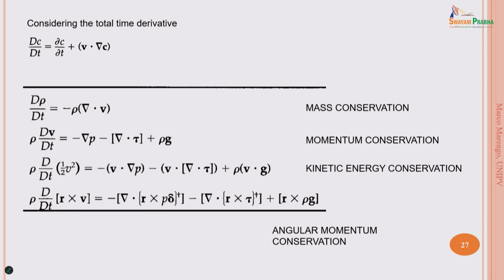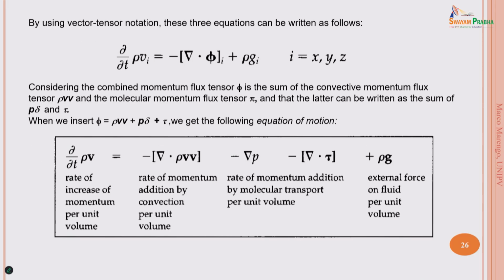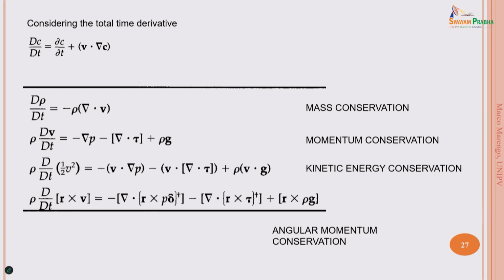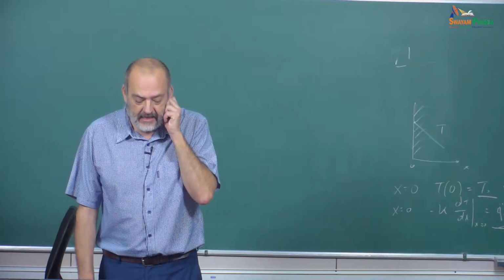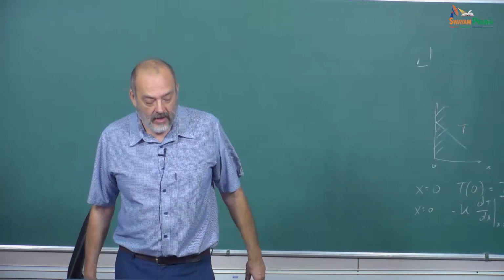It's important to say that instead of writing the partial derivative in time of rho v, for example, for any quantity, we can write a total time derivative. So instead of writing the partial derivative of a quantity with respect to time plus v multiplied by the gradient of c, we can write this part in terms of the total time derivative, because in this case the form is even nicer.